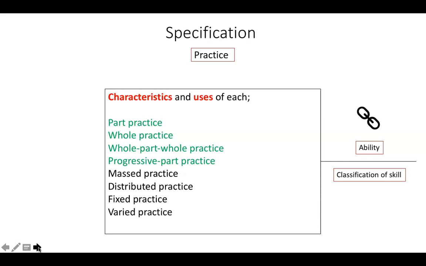Depending on the ability of the learner and the classification of skill, that decides what type of practice we use. For example, for a cognitive learner learning a high organisation skill, we'll use a different type of practice compared to an autonomous learner learning a low organisation skill.